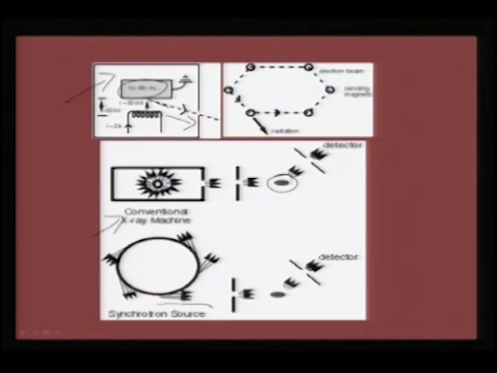In a synchrotron source, we try to boost the speed of the electron, and then the X-ray beam is brought out with greater force. So, one of these can selectively go and hit. When it is spinning, at different points you can collect the X-ray beam.